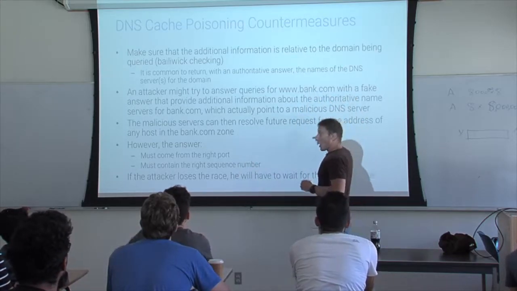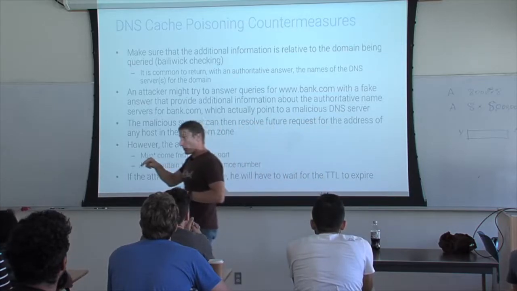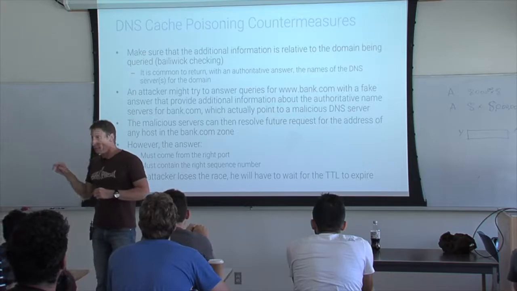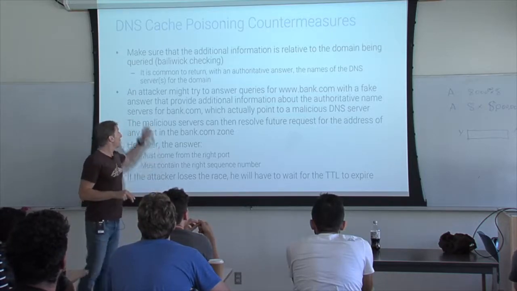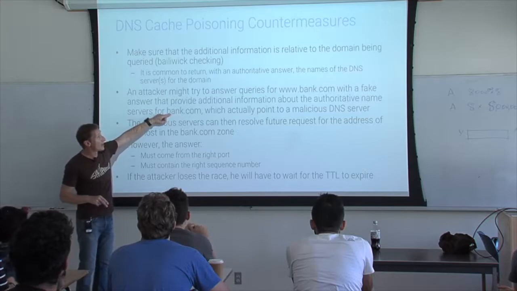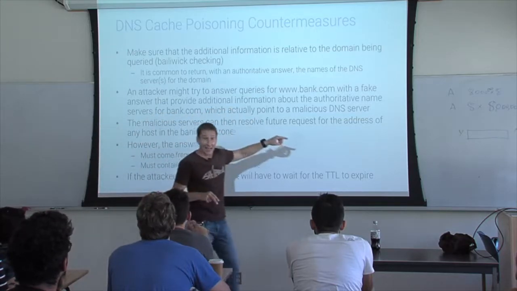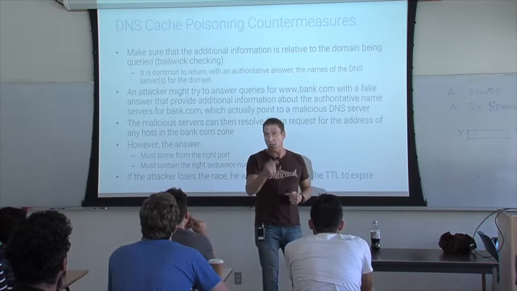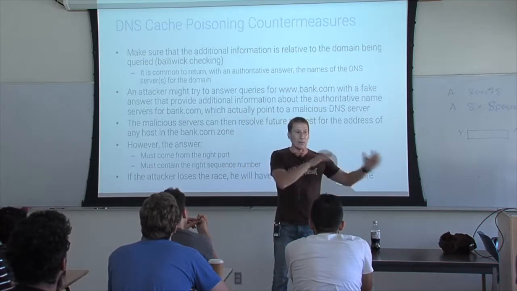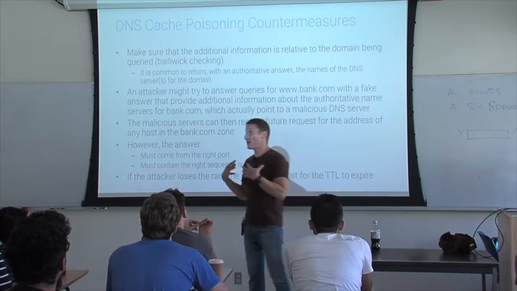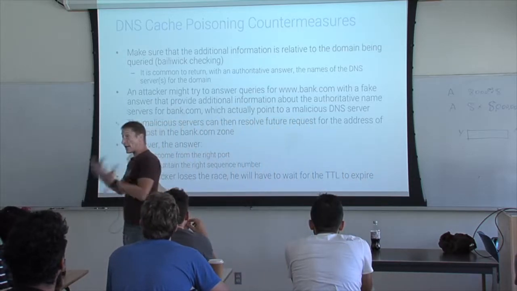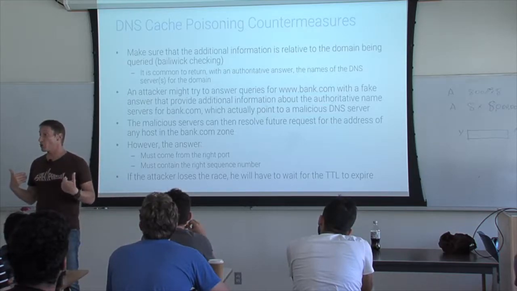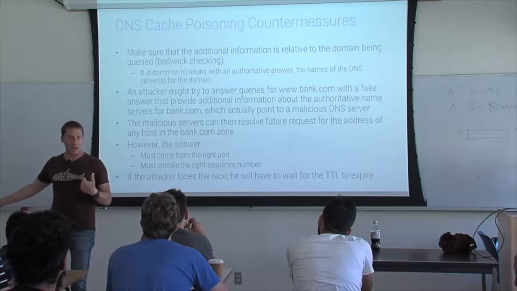If you are able to provide a fake answer that appears to come from the authoritative version of the name server for bank.com, then you can actually add additional information for that domain that would create a binding between a name in bank.com and machines under your control. So the next time they go to another of this domain, they will go to your machine and not to the one from bank.com.